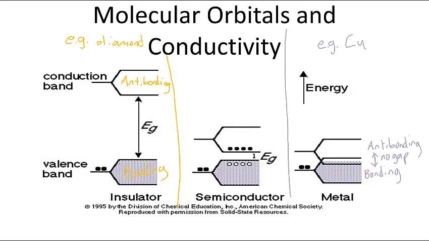In a semiconductor, what happens is there's a small gap in energy between the two. So that at room temperature, some electrons from those bonding orbitals actually jump up to the antibonding orbitals. And when they get up here, these are free to roam around. That's why it's called the conduction band.